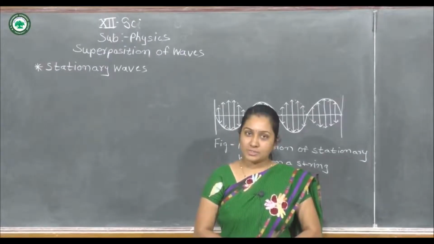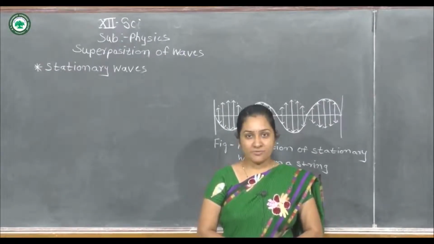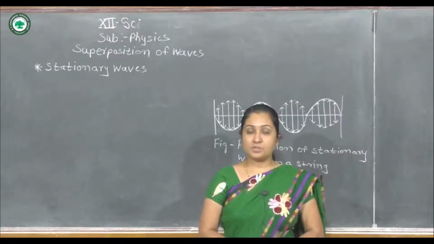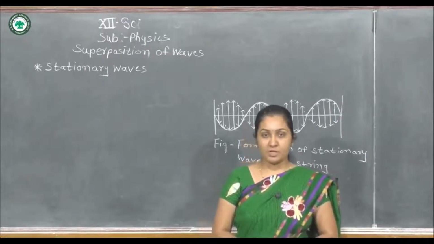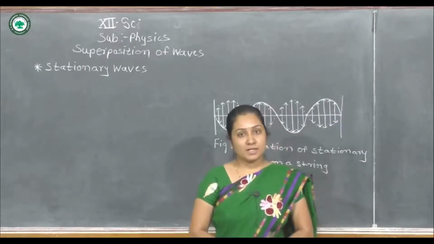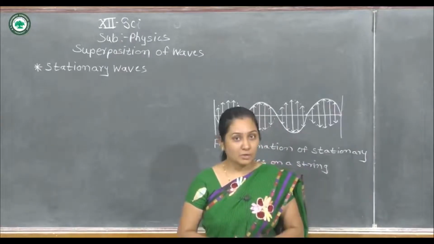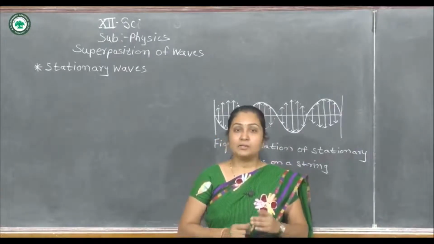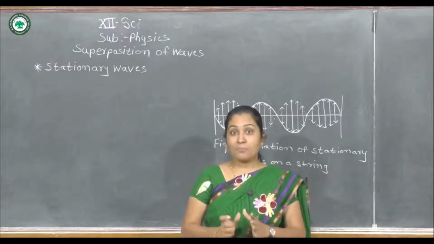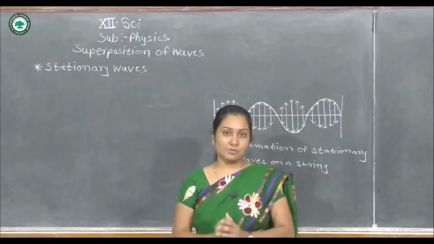So, we are going to study 12th Science Physics, name of the chapter Superposition of Waves. In the last lecture, we studied the basics about waves, then progressive waves and properties of progressive waves.